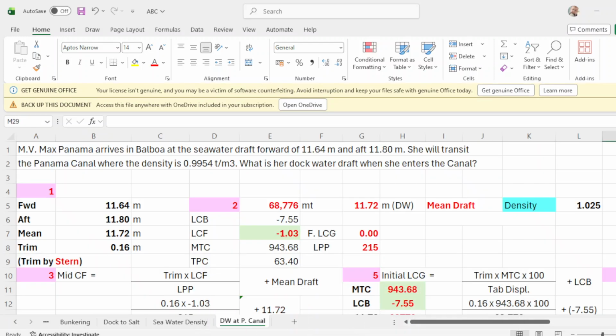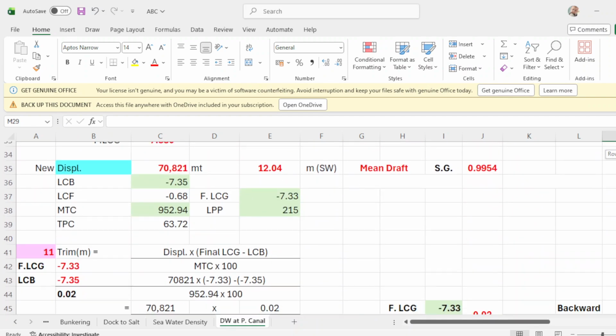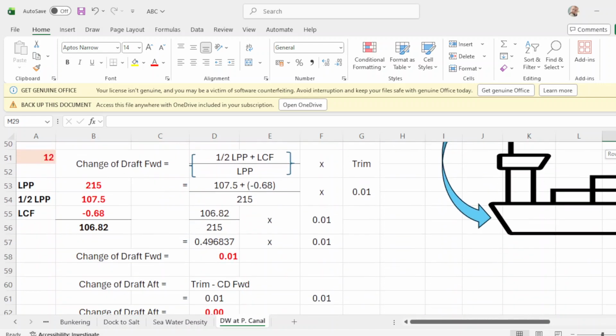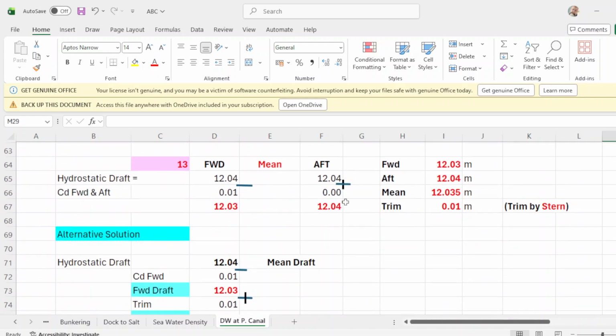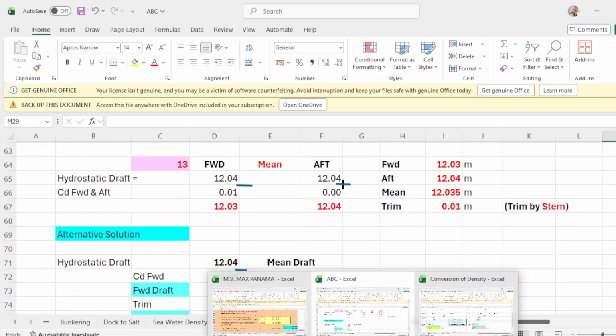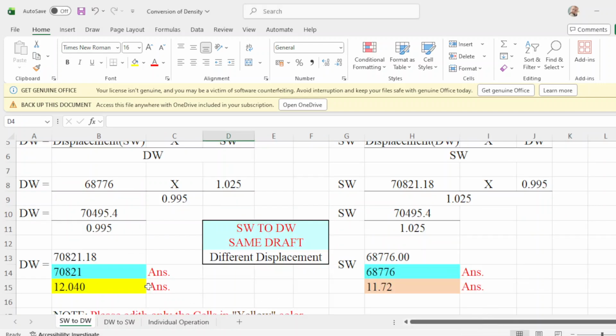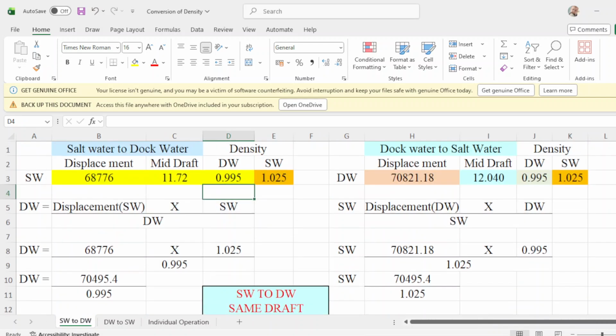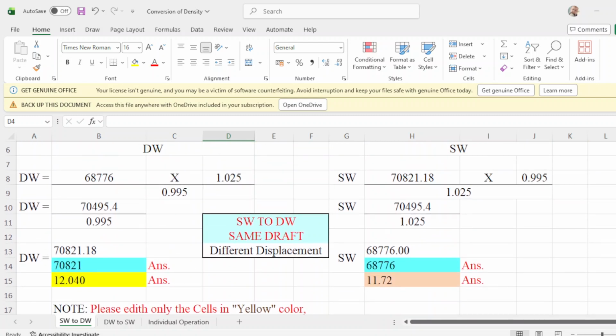You also can get your forward and aft draft and your mean draft, okay, and your trim. But with this density only, you get your mean draft, okay, with using this conversion from salt water to dock water or dock water to salt water. You only get your mean draft, okay.